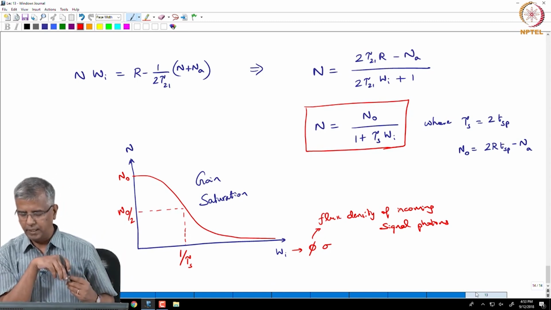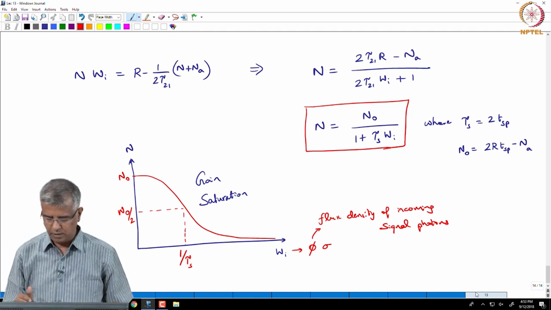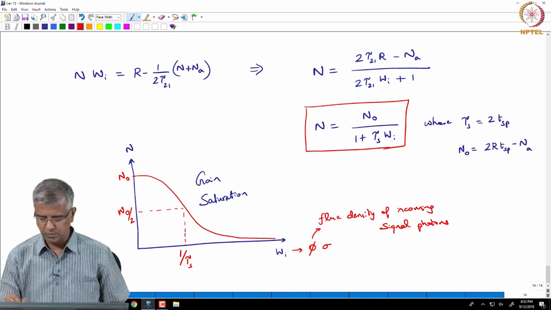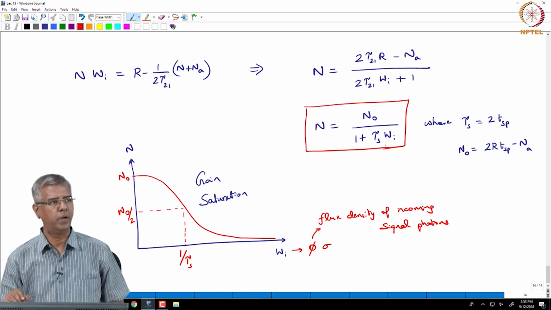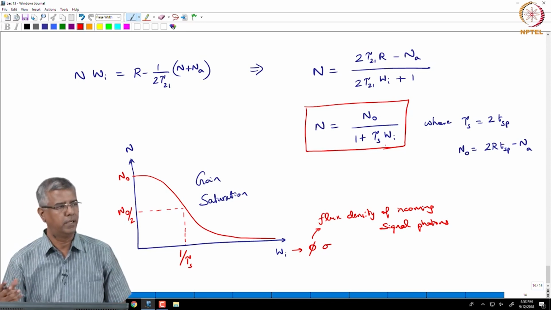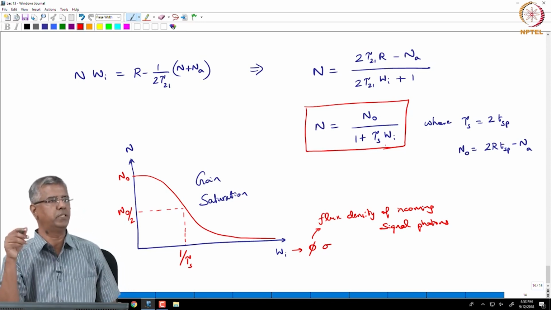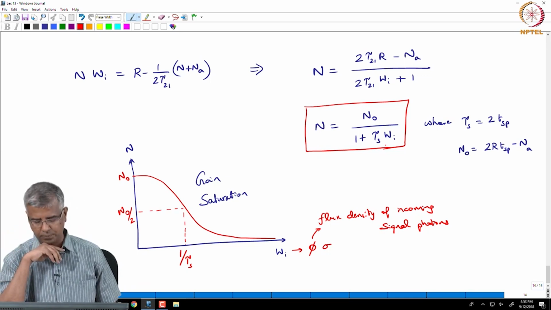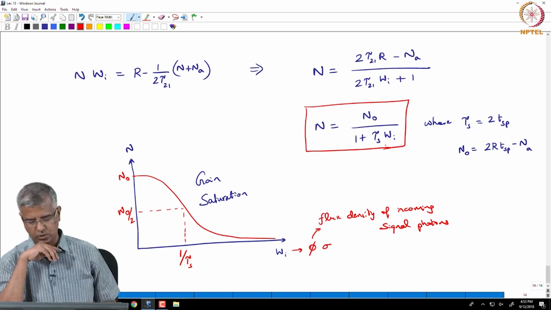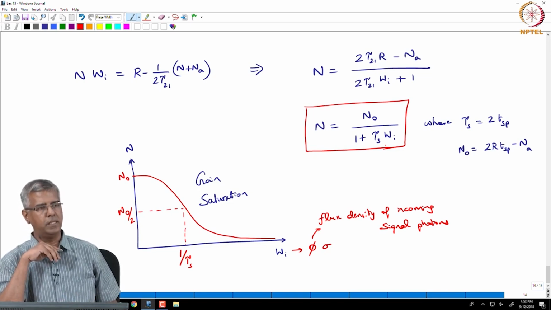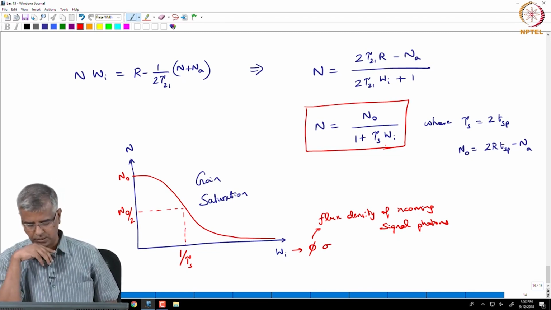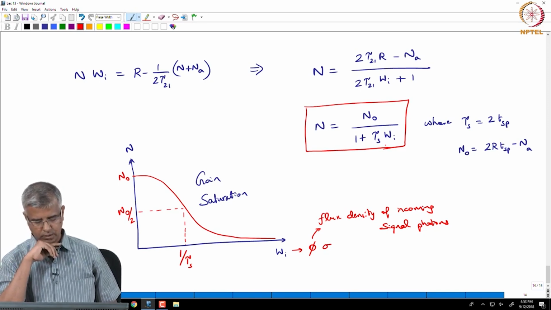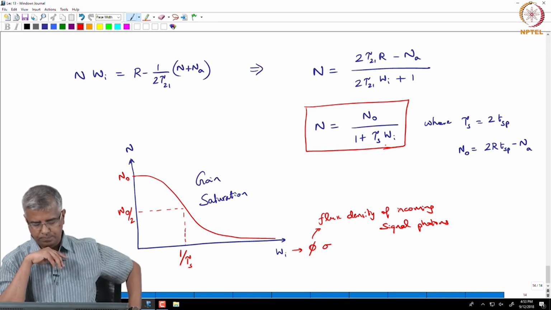And one thing I did not mention explicitly is Wi. Wi corresponds to the rate at which the stimulated emission or the stimulated absorption happens, and Wi corresponds to the flux density multiplied by the cross section, whether it is the emission or absorption cross section.